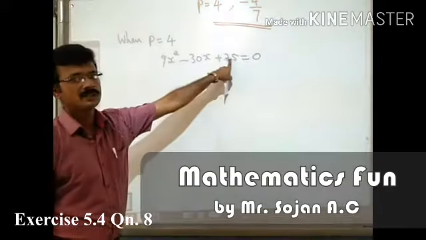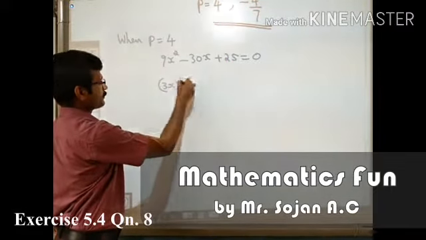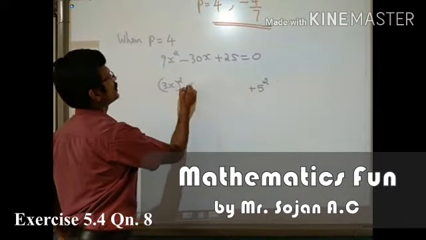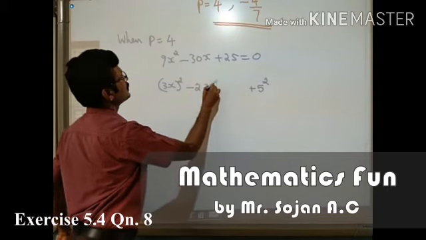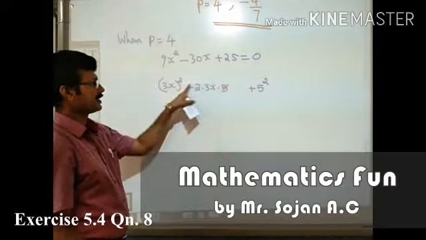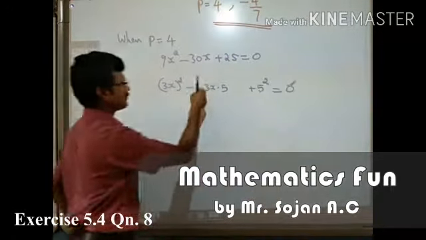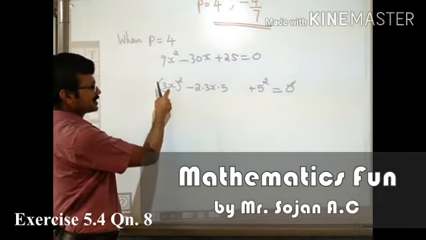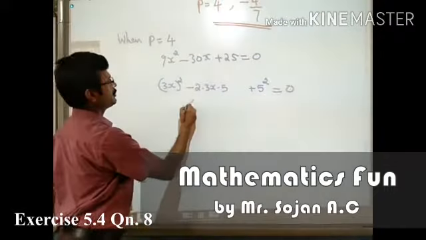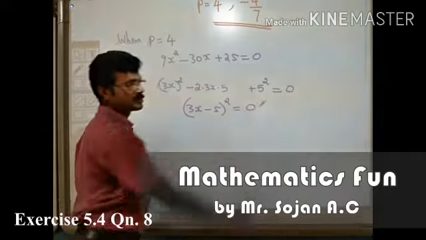See, if you observe, this can be written as 3x whole square, and this I can write as 5 square, and the middle term I can write 2 into 3x into 5, so it is coming 30x, and here 9x square, and this is 25. So this can be written as a perfect square, of the formula a square minus 2ab plus b square, that is a minus b whole square is equal to 0.